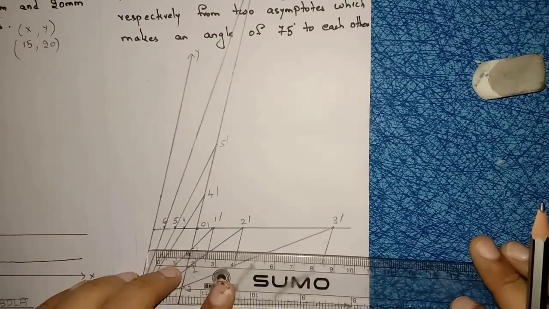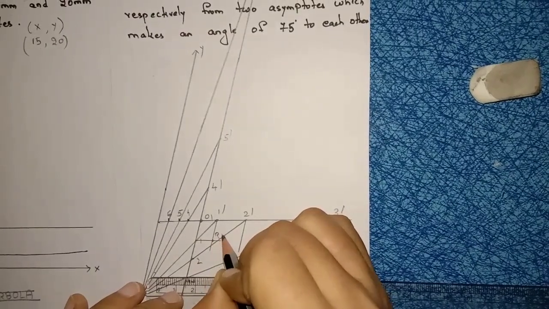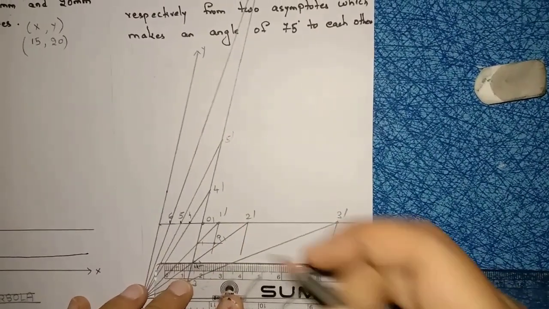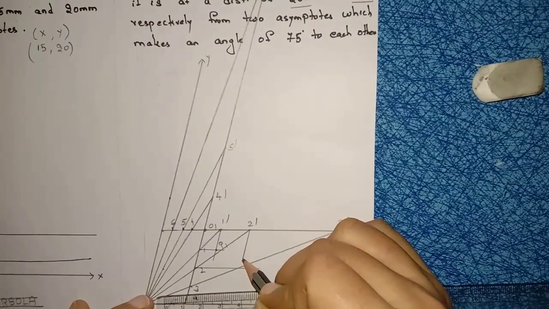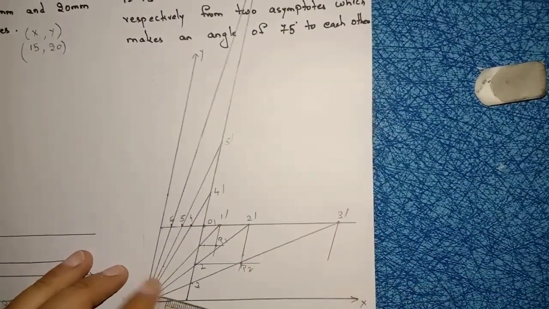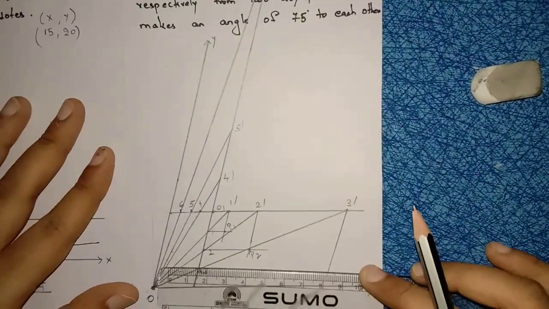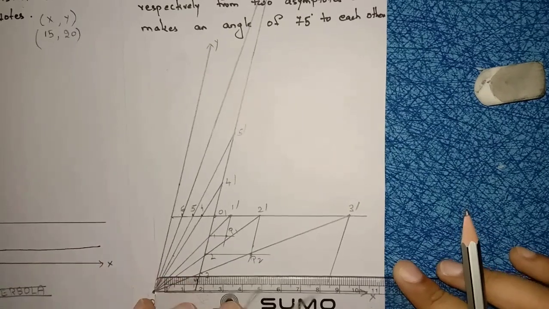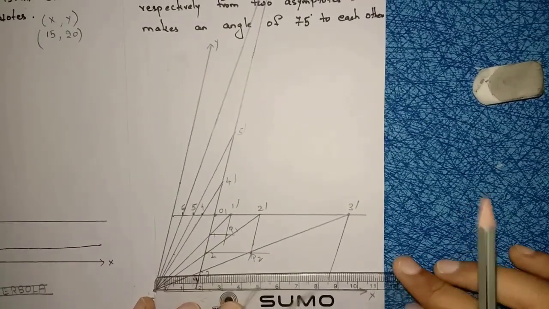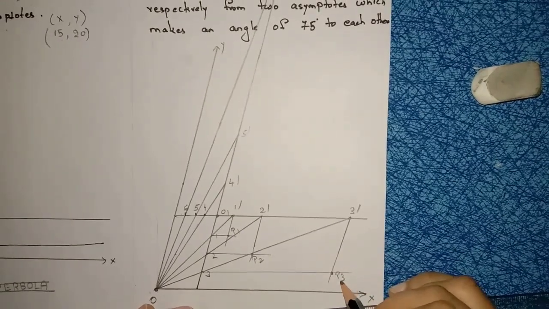Right, now from 1 draw a horizontal line, intersection point is P1. From 2 draw a horizontal line, intersection point will be P2. Right, and again from 3 draw a horizontal line, intersection point will be P3.